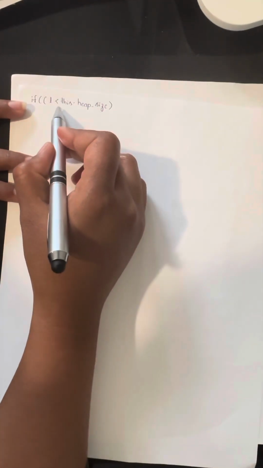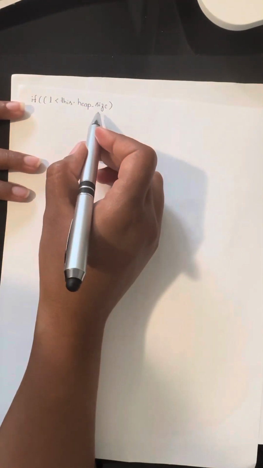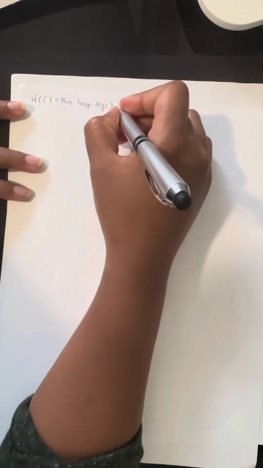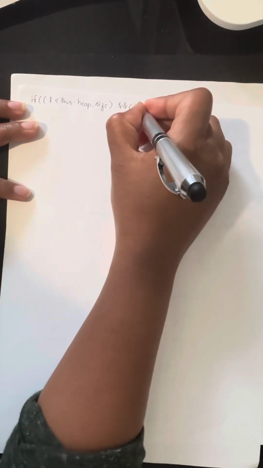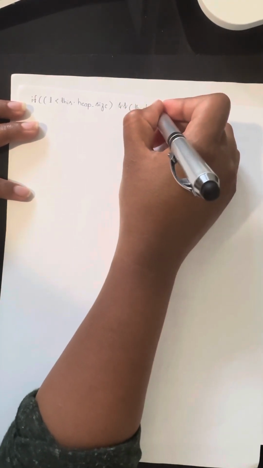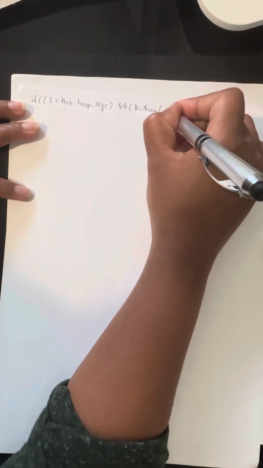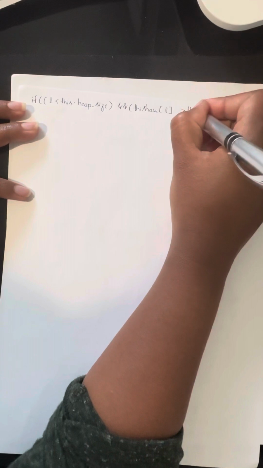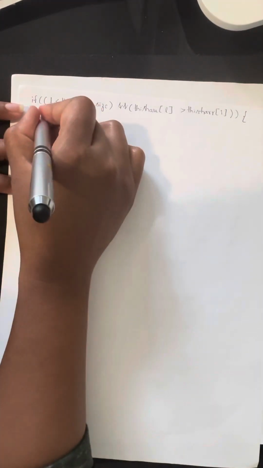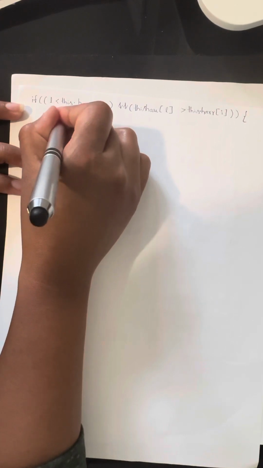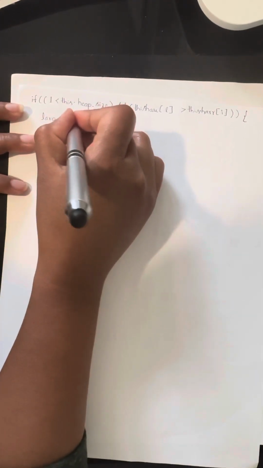So if L is less than the heap size that we have given, and if the element at index L is greater than the element at index I, then we are going to change the largest to L.